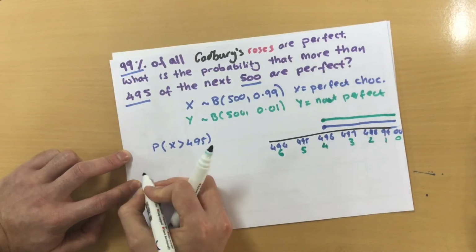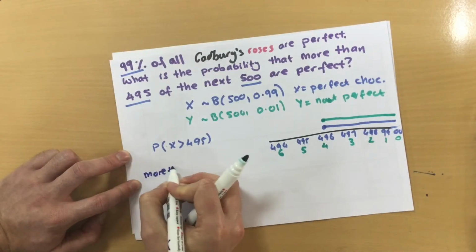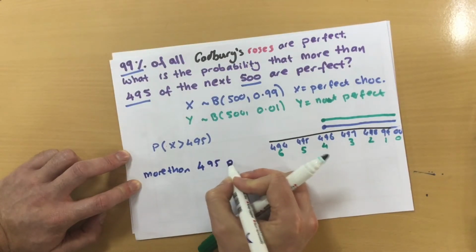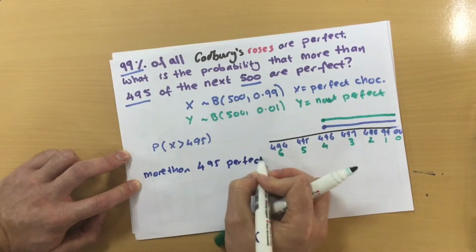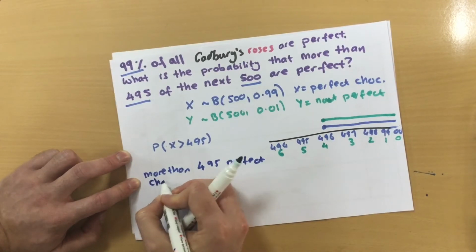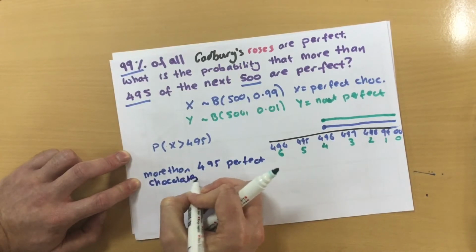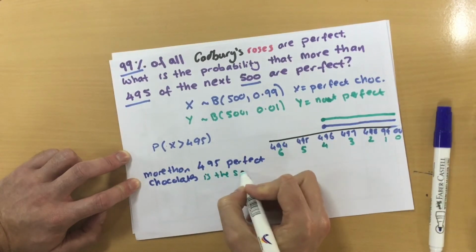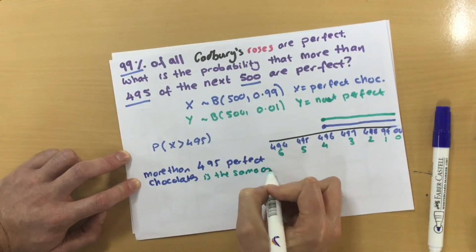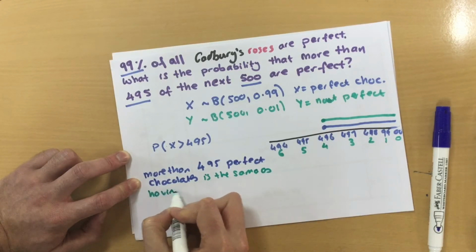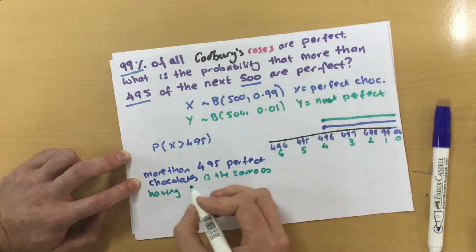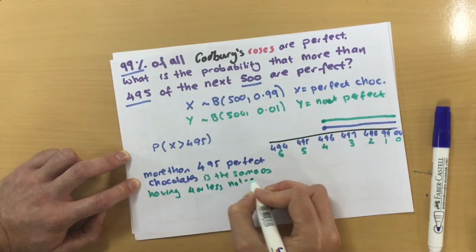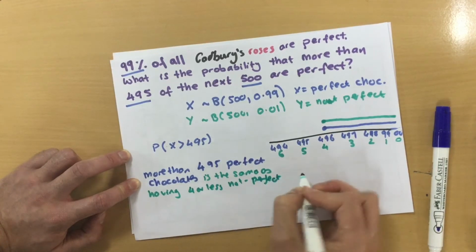So more than 495 perfect chocolates is the same as having 4 or less not perfect chocolates.